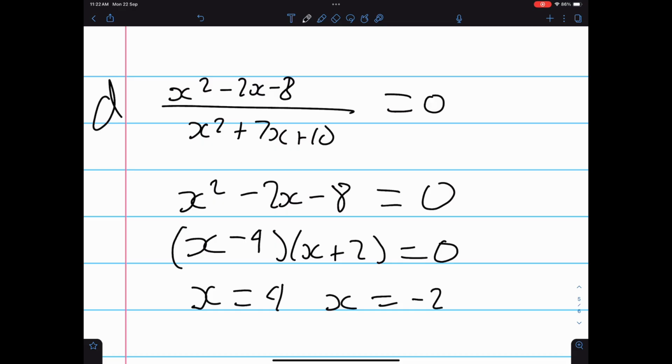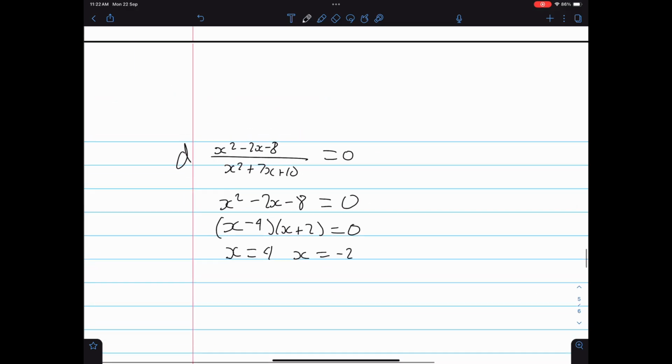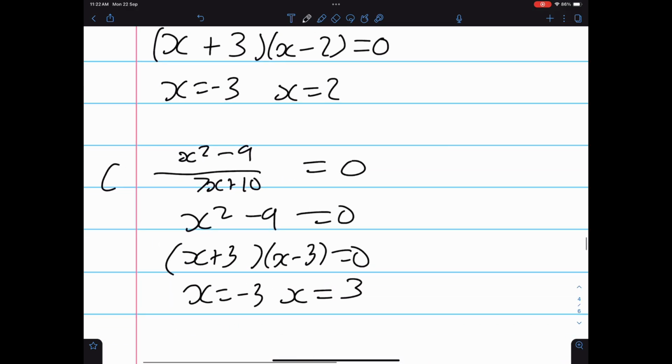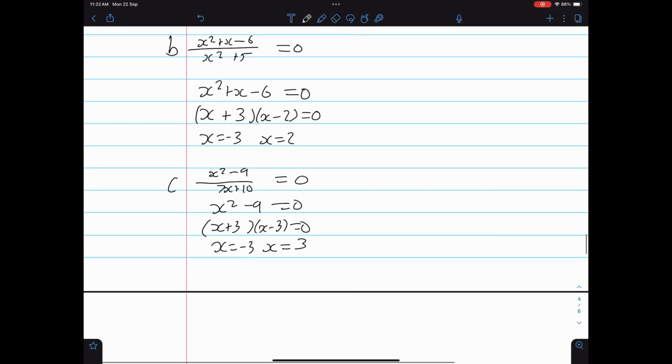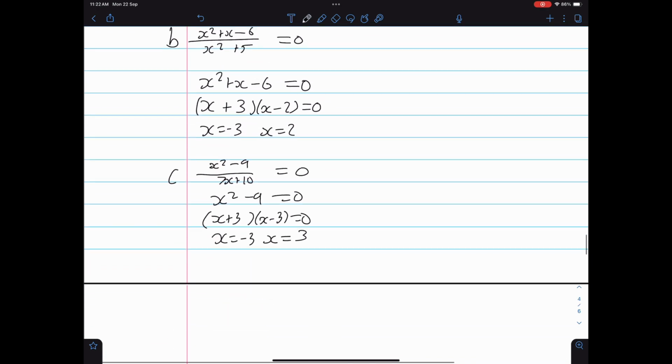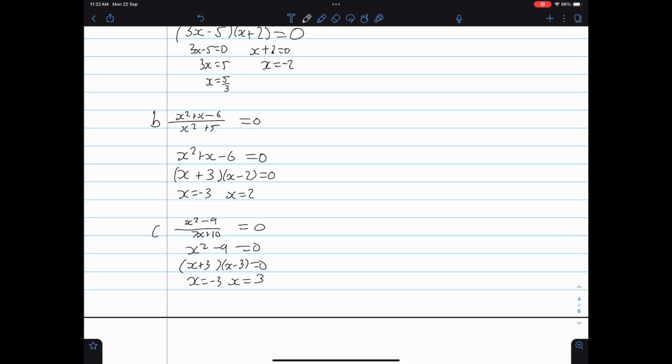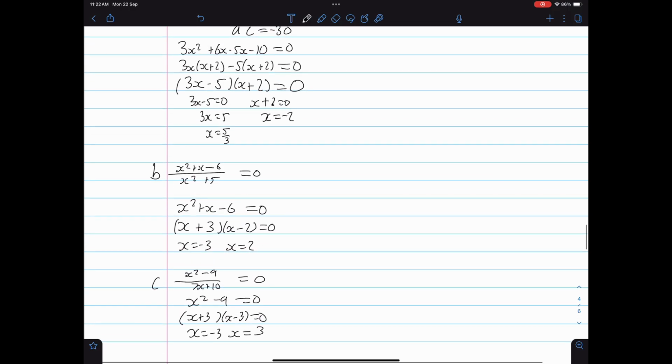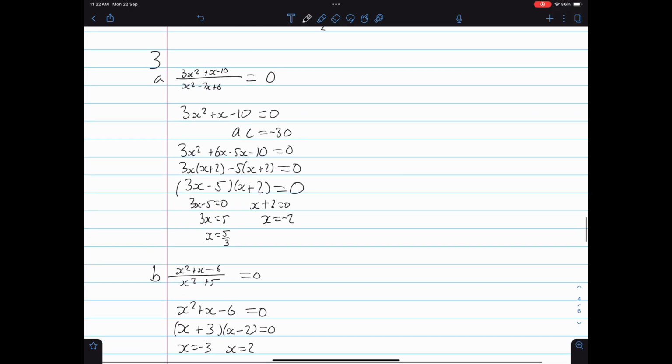And you really should check in all of these ones that when you substitute your answers in the denominator, they do not equal 0. I have been rather reckless and not checked, but that's because these quite obviously would not end up as 0, and I can tell that.